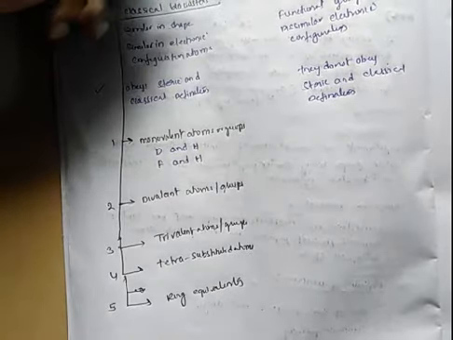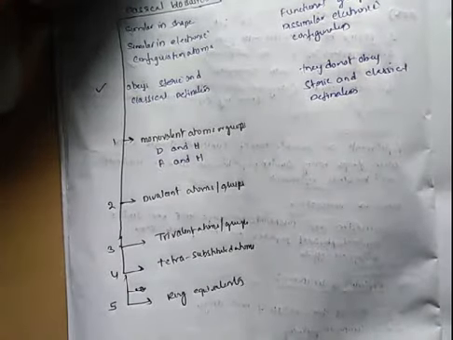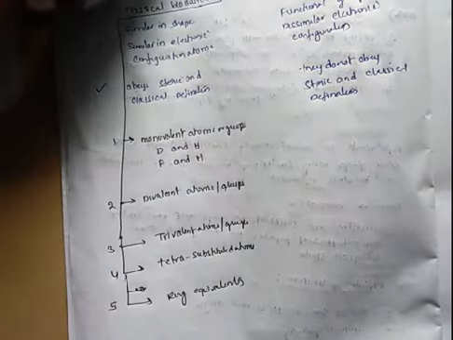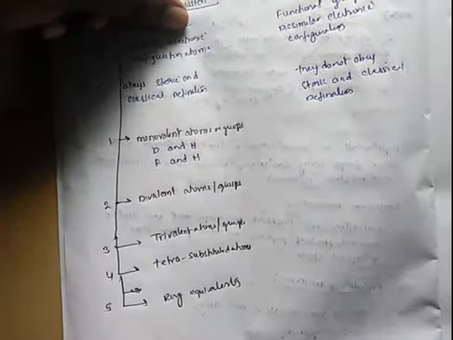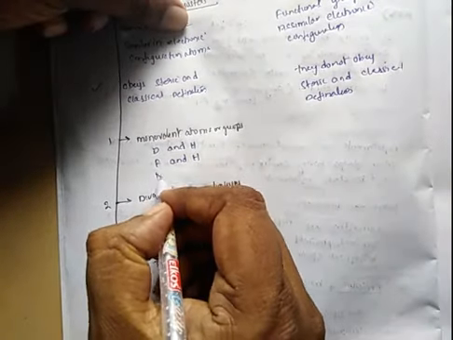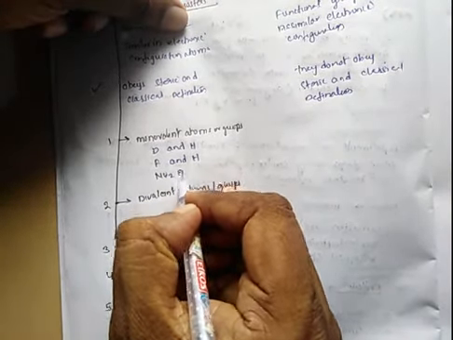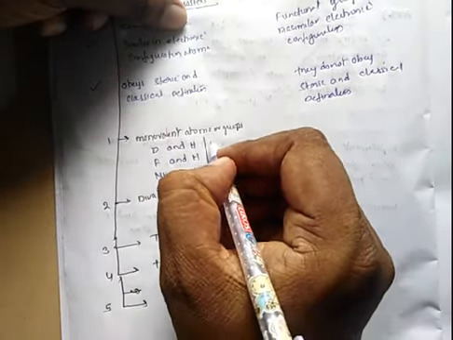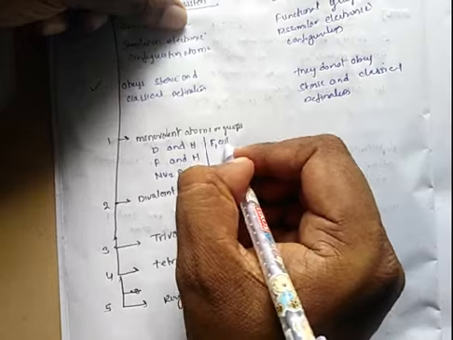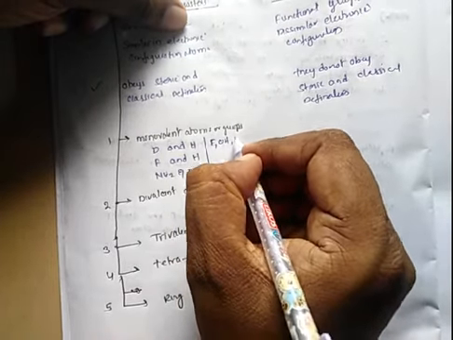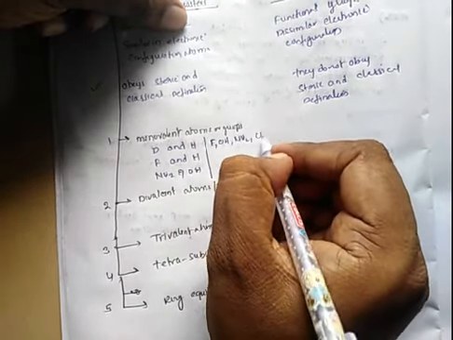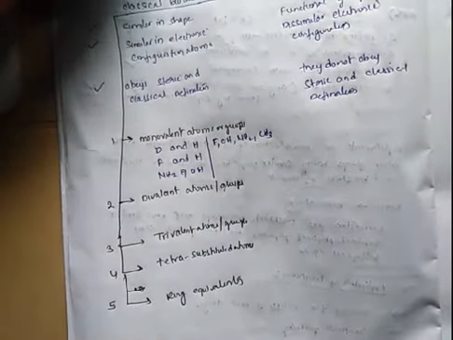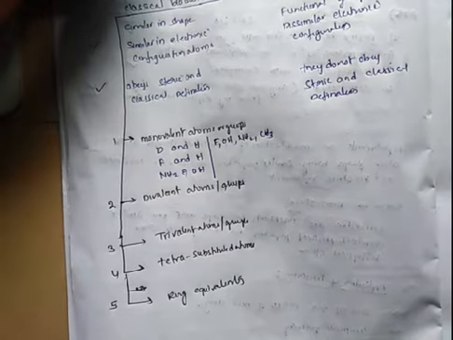So the classical bioisostere examples for monovalent atoms are deuterium and hydrogen, fluorine and hydrogen, and NH2 and OH. Other examples are fluorine, OH, NH2, CH3. All these are monovalent atoms which come under classical bioisosteres.